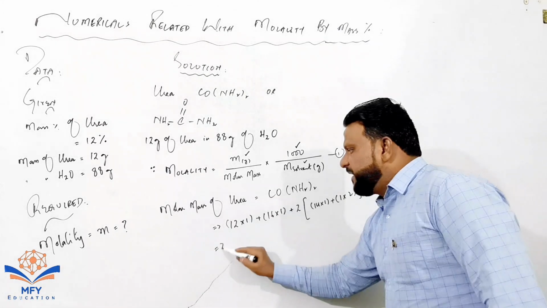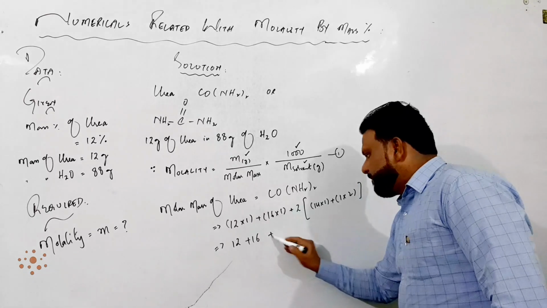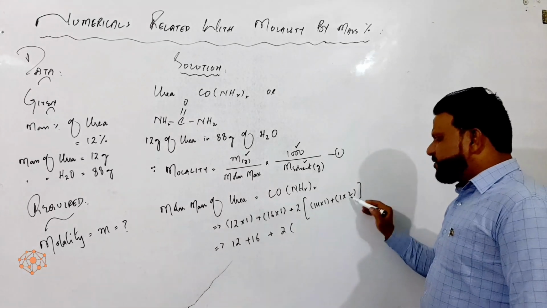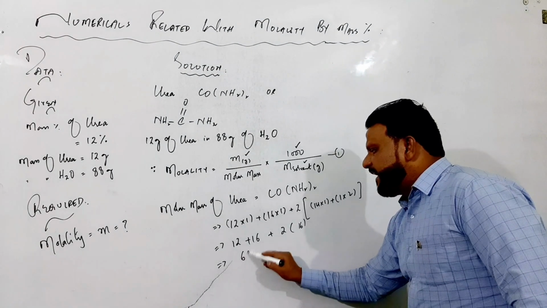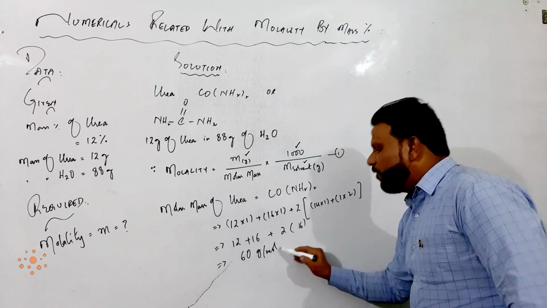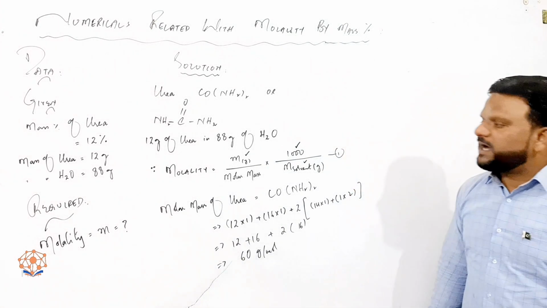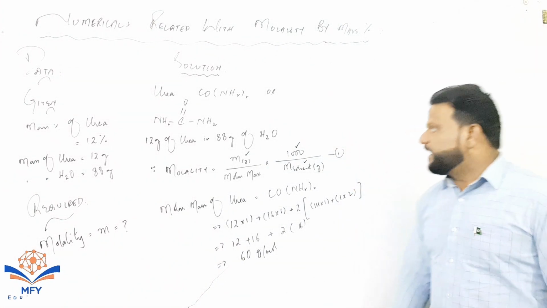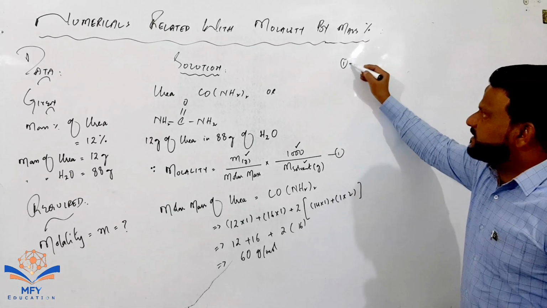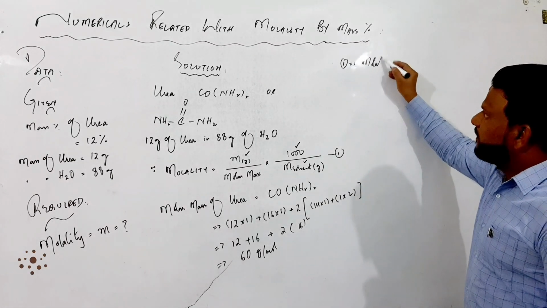After calculation it becomes 12 plus 16 plus 28 plus 4, and after adding we get 60 grams per mole, which is the molar mass of urea.